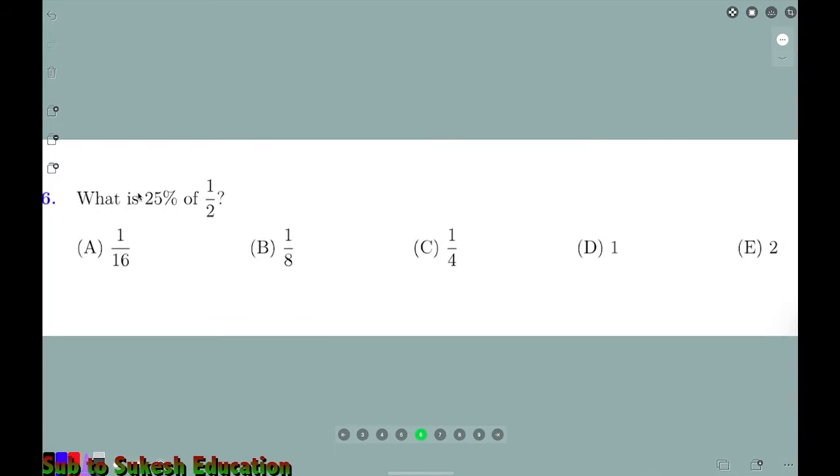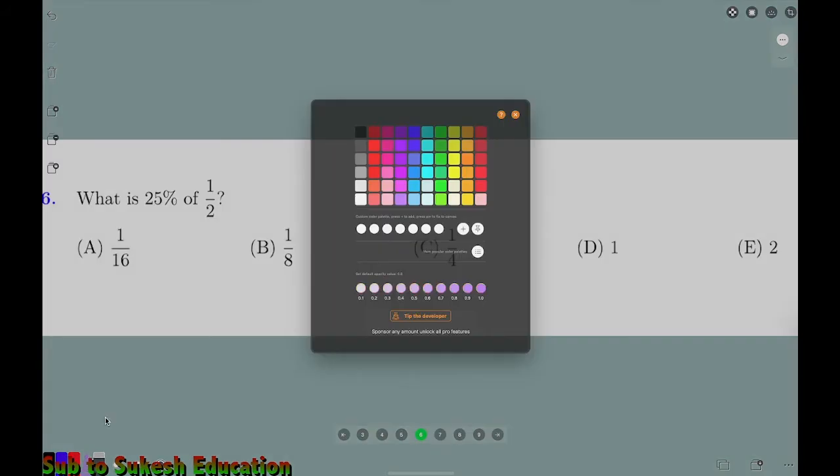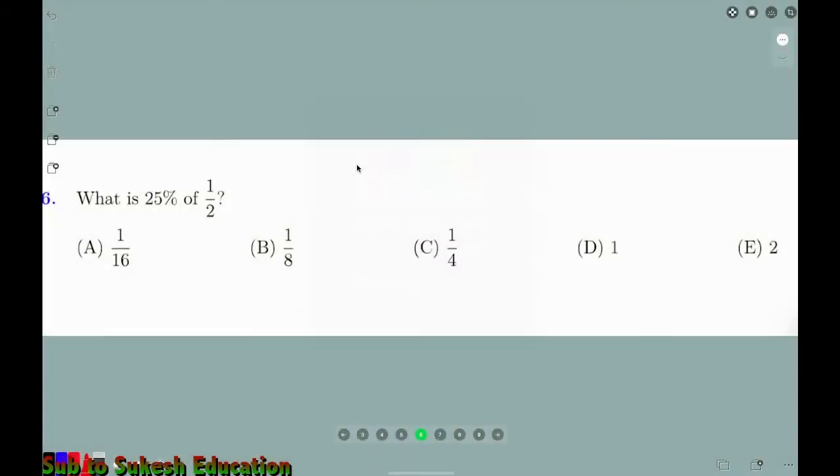So what is 25% of 1/2? Let's change colors again. This can be done by writing 1/2, multiplying it by 1/4, because 25% is 1/4, right?